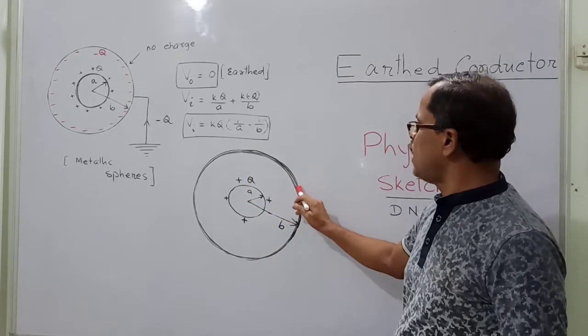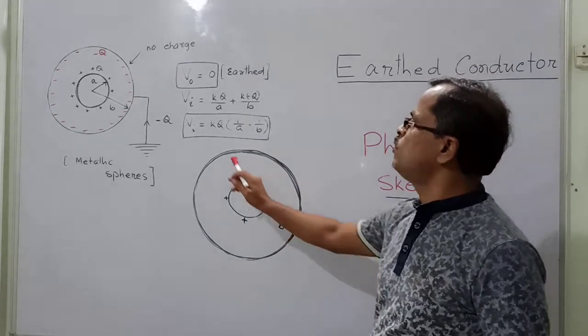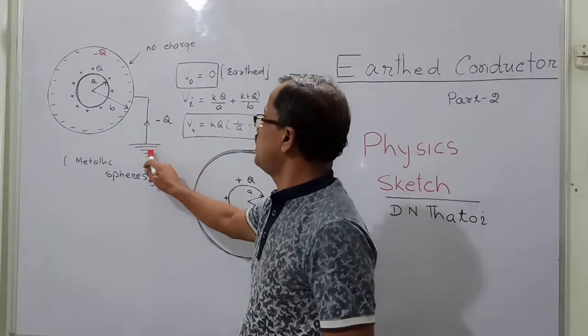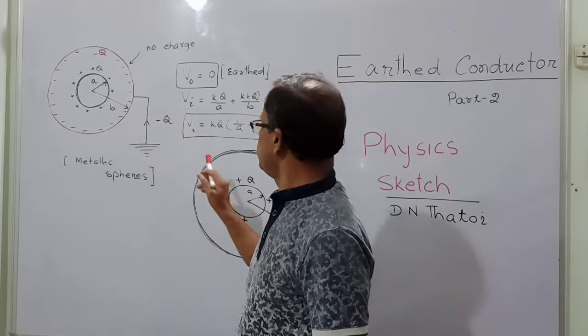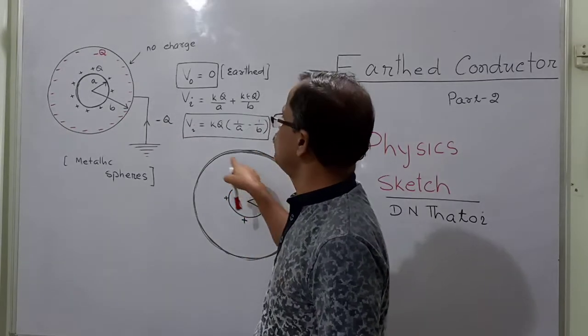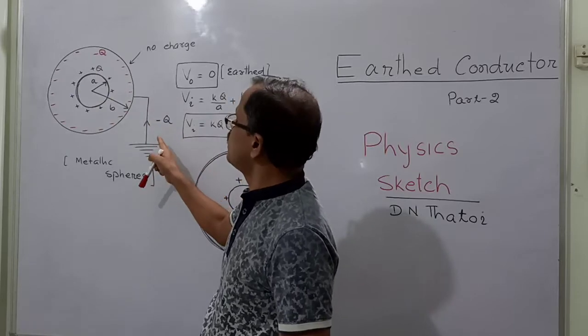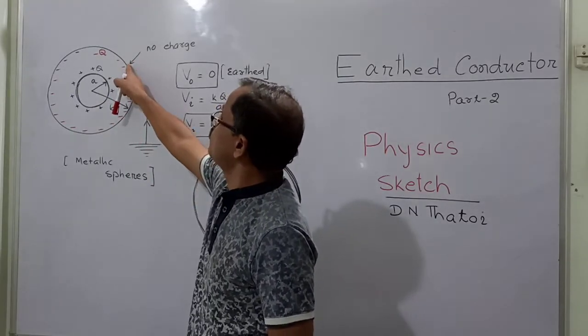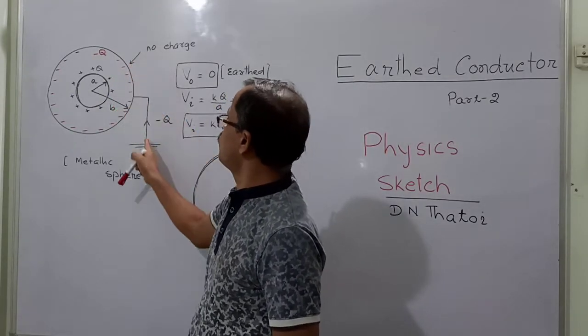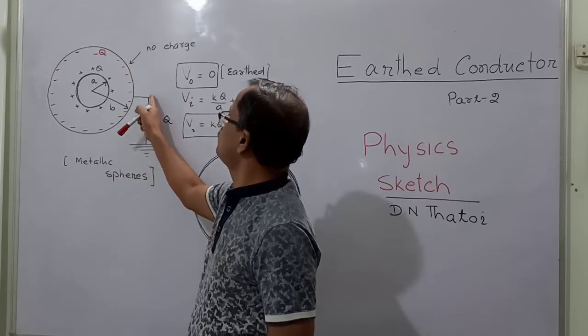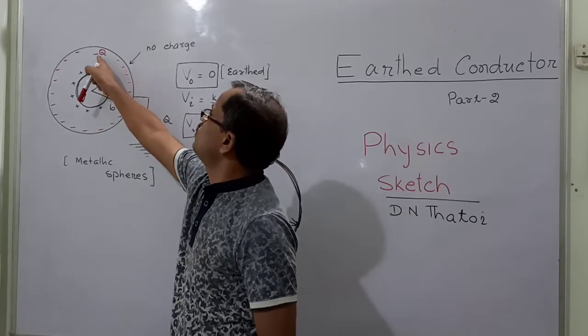When the outer sphere is earthed, the inner sphere has a charge q, and the same charge q remains. To make the outer sphere zero potential, some charge will flow from the earth to the outer sphere, and that is equal to minus q.